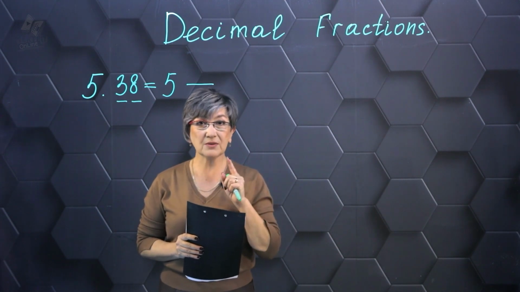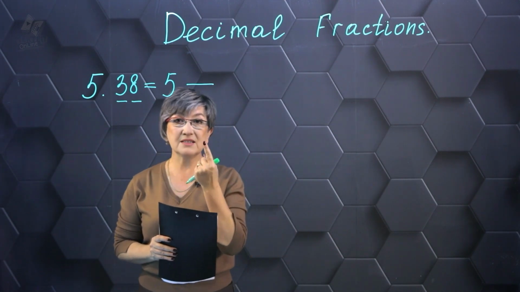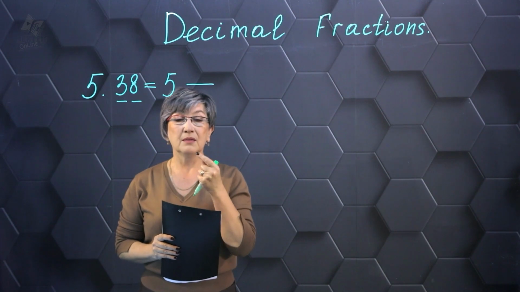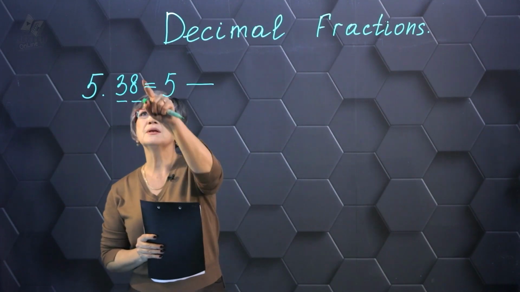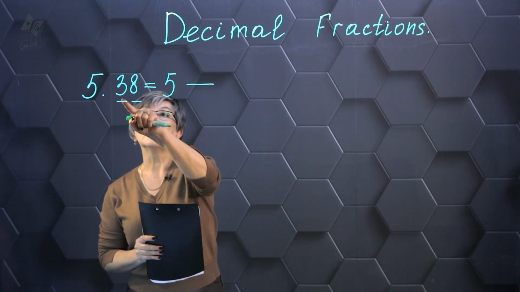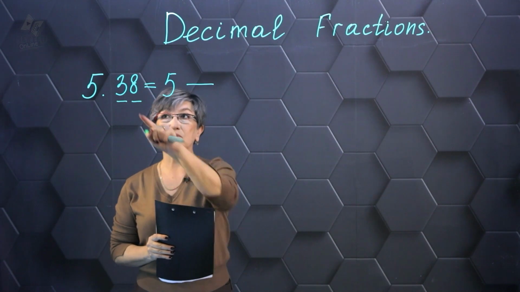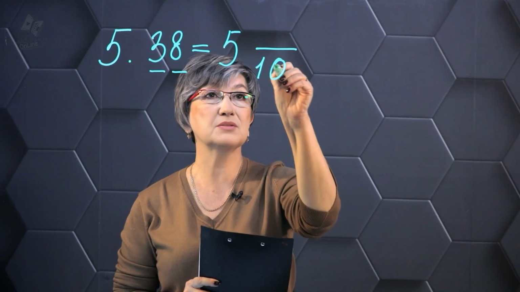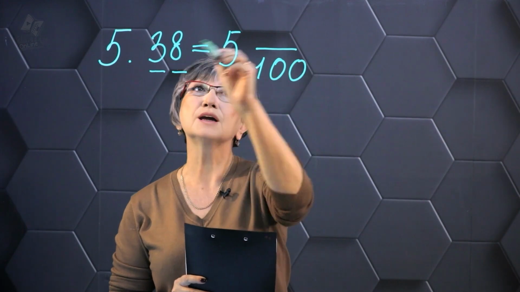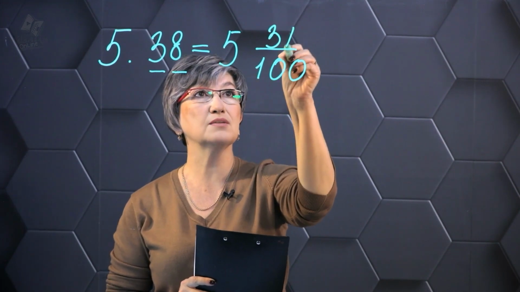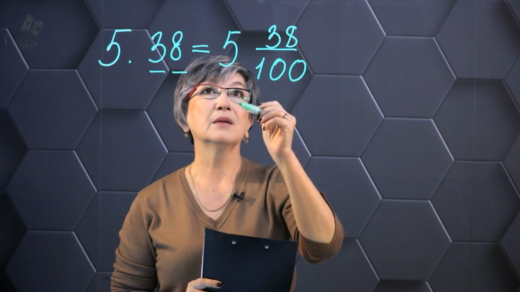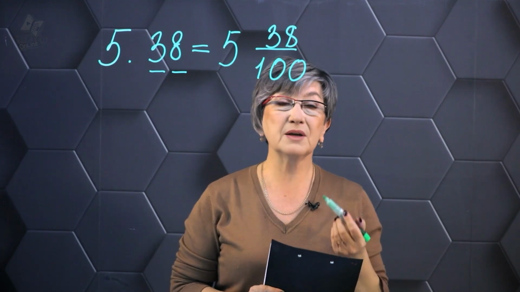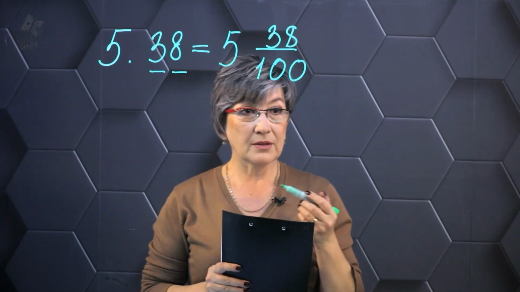That is, those numbers that are made up of ones and zeros. The number of zeros determines the number of decimal places. That is, if we have 2 decimal places, then I will write 2 zeros in the denominator. And I'll write the number 38 in the numerator. And as a result, we have the fraction 5 and 38/100.